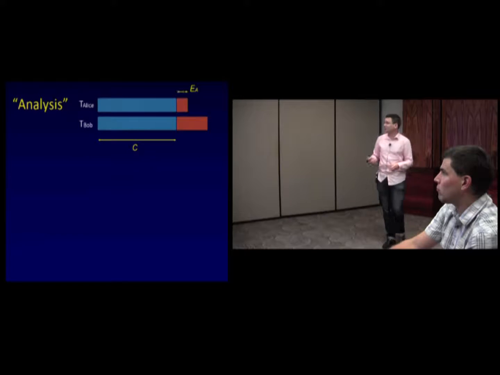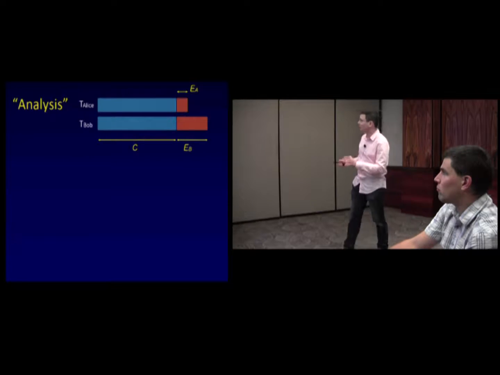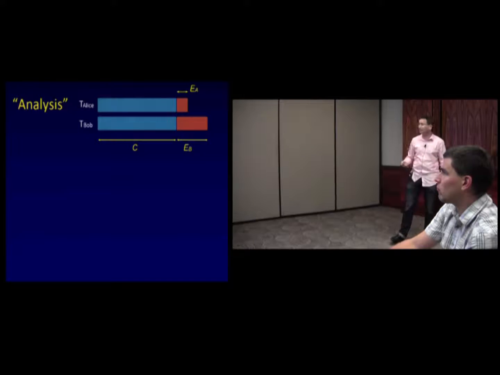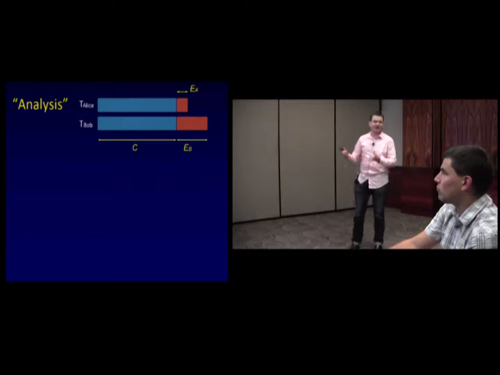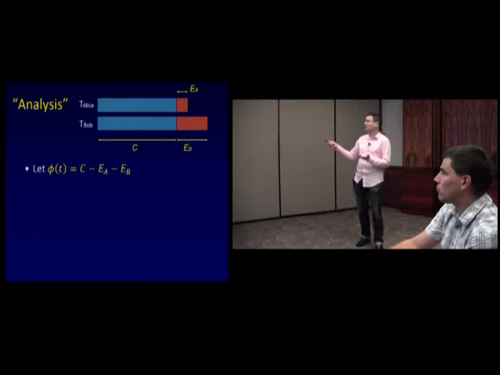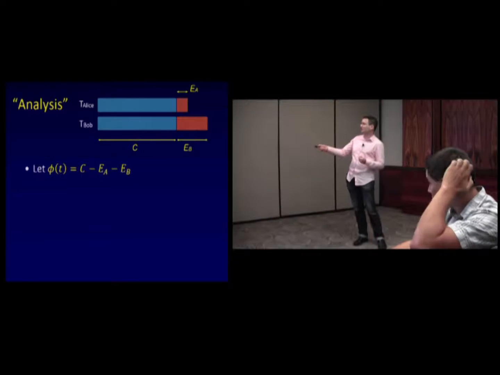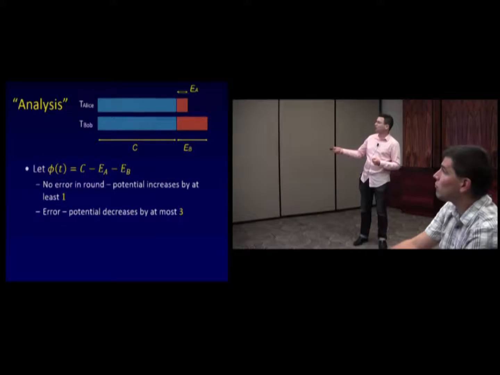The analysis, I'll go over it pretty quickly because it's not important. What's important for me is that there is an analysis. It defines an energy function that says how wrong we are. This is the good part, and this is the part where they disagree and they're wrong. On a good round, the potential increases: either you advance or you remove some of the badness.